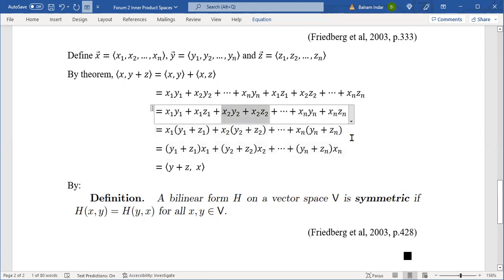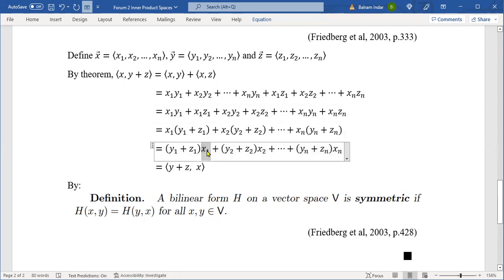This will factor out until we reach the final components. Now, what I did next, I take the x sub 1 and place it at the back of the bracket, because we know that this product commutes. x sub 1 times y sub 1 plus z sub 1 is the same thing as y sub 1 plus z sub 1 times x sub 1. Just change the order here. It doesn't really matter. So I did that.